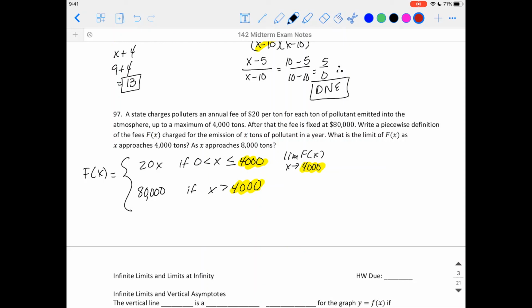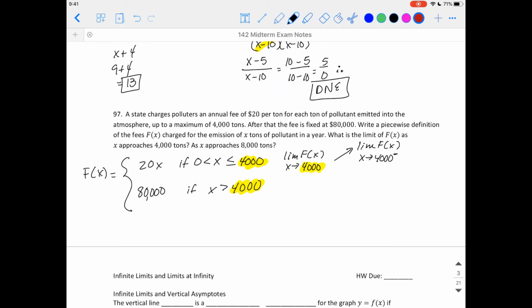So I'm going to do the limit of f of x as x approaches 4,000 from the left side.